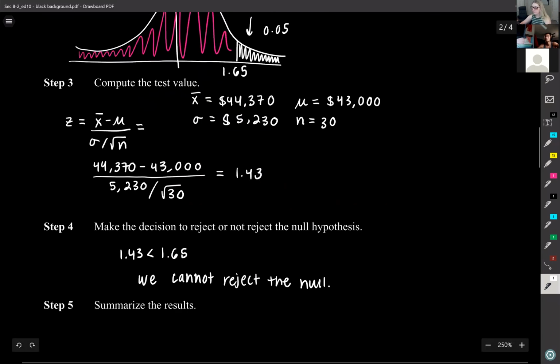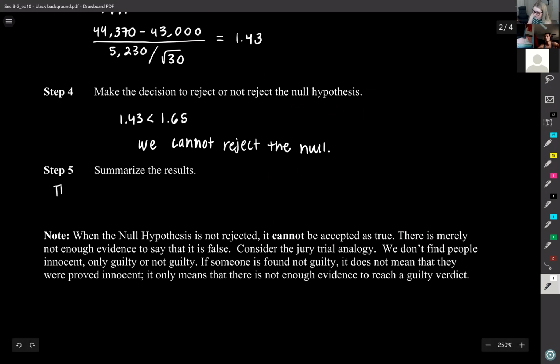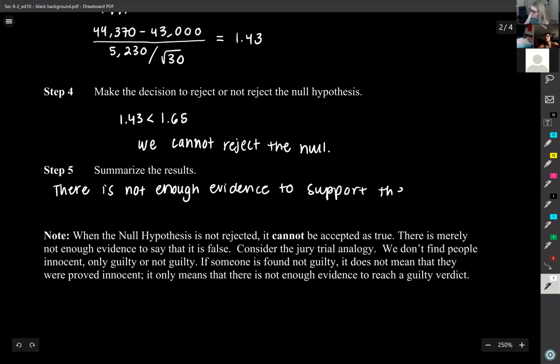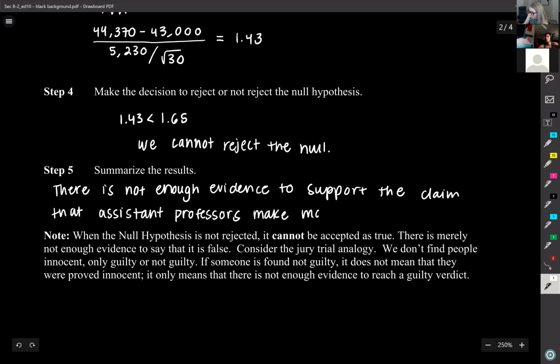So to summarize this, I'm just going to say there is not enough evidence to support the claim that assistant professors make more than 43,000 a year.